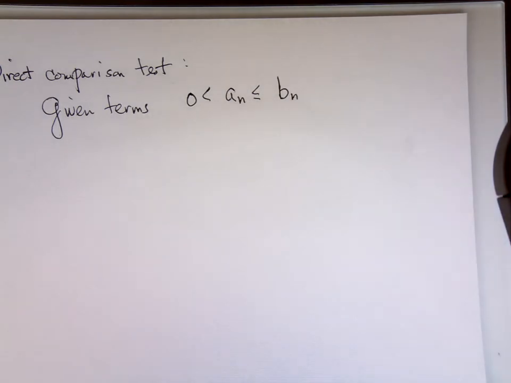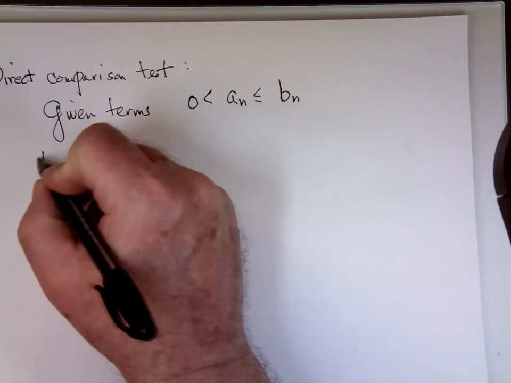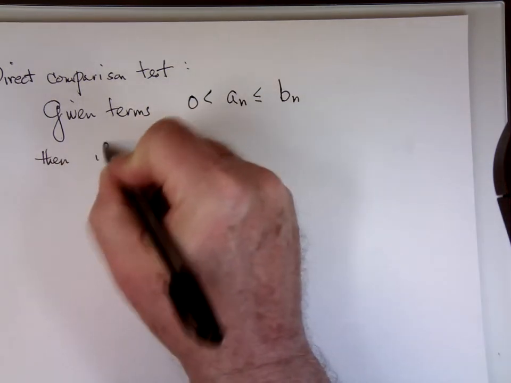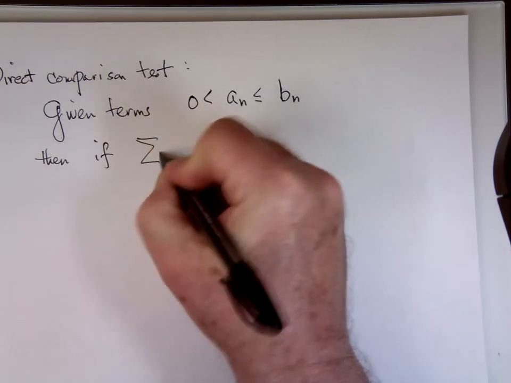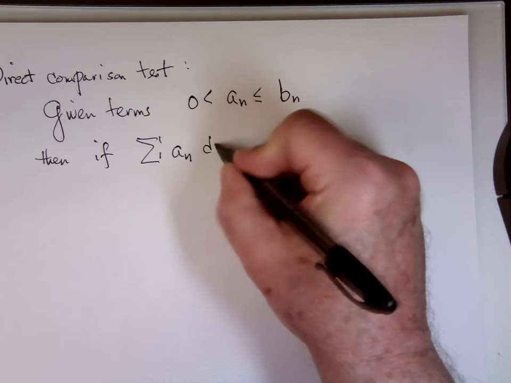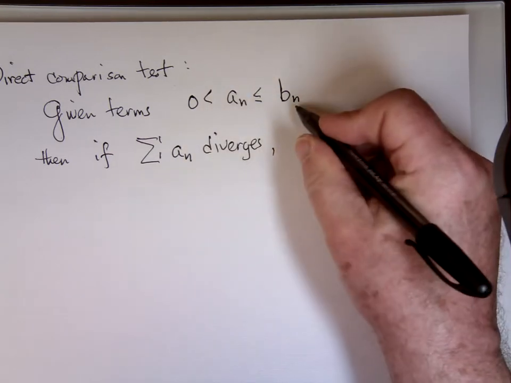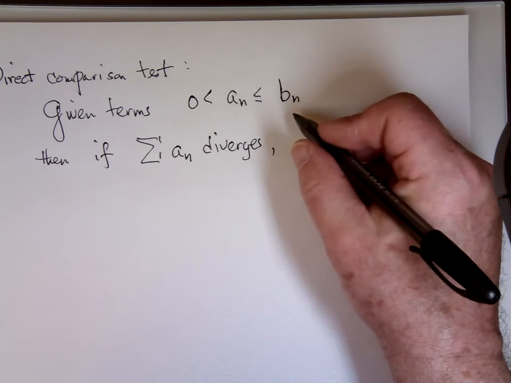The a sub n's are less than or equal to the b sub n's, but they're all positive, greater than 0. Then if the series of a's diverges, the bigger terms, the b series, diverges as well.